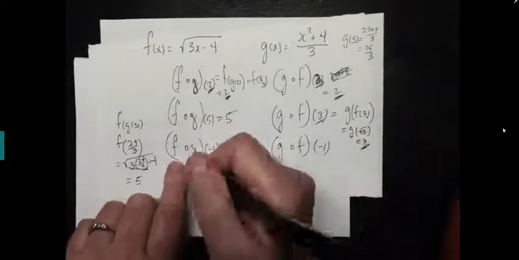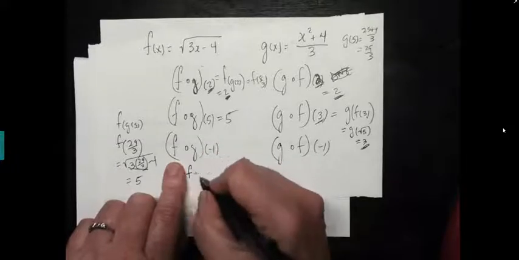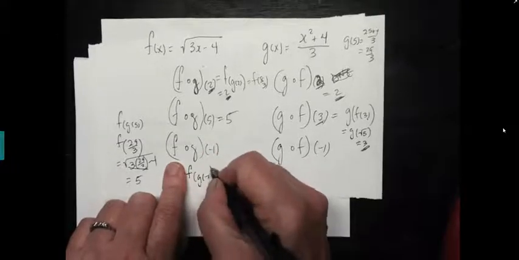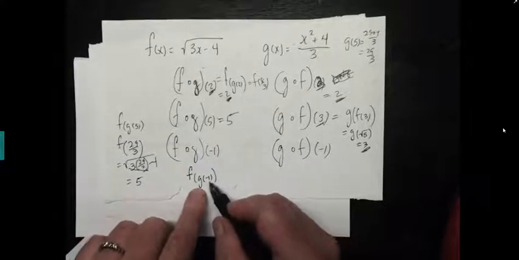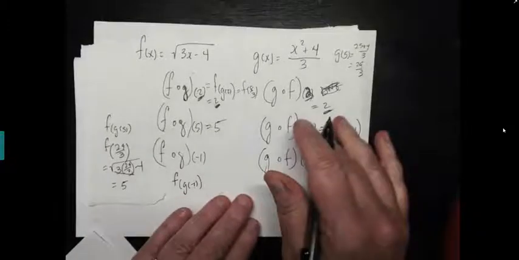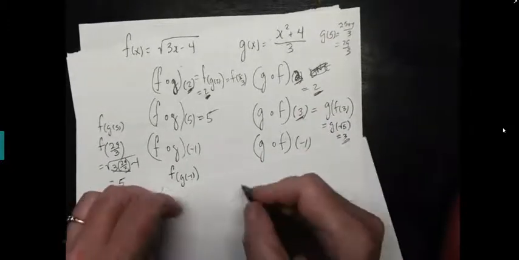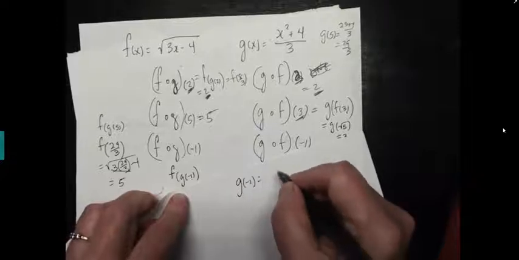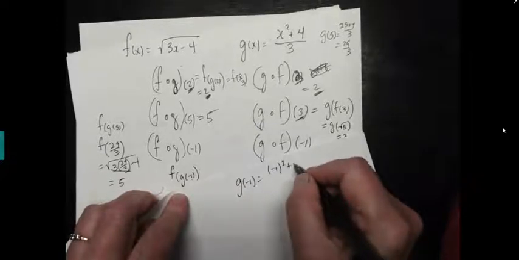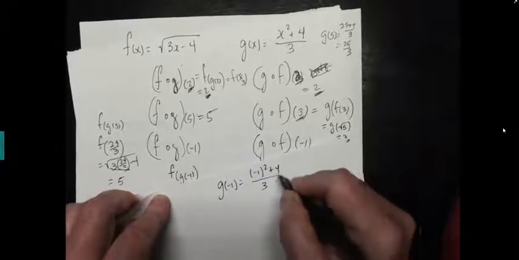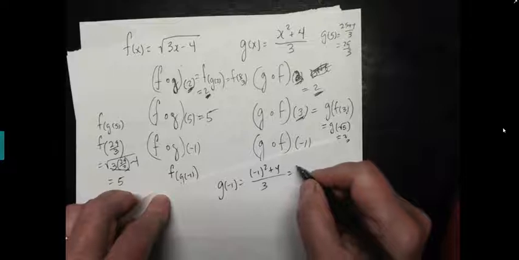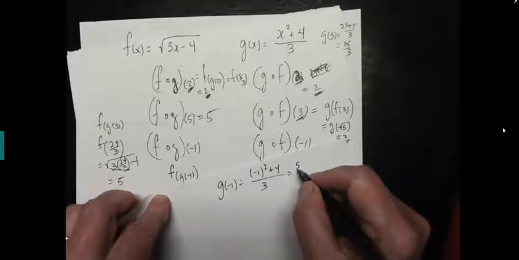What about if I do this one? What is g evaluated at -1? Well, g evaluated at -1 is going to be -1 squared plus 4 all over 3, which is -1 all squared is +1, so I get 5 in the numerator.